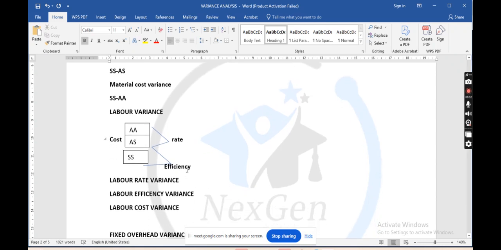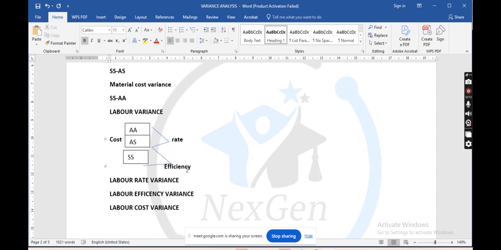Now, leave the cost, because addition of rate and efficiency will give you what? Cost, class. Because it is labor, you pay them hourly. That is hourly rate.